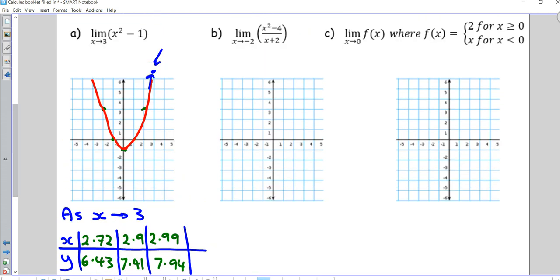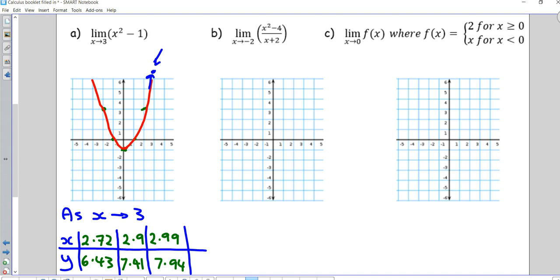So if I graph this one, it's saying f of x equals 2 for x values greater than or equal to 0, and f of x equals the function x for x values less than 0. That's what we call a piecewise function, where there's one function for part of the domain and a different function for another part of the domain.